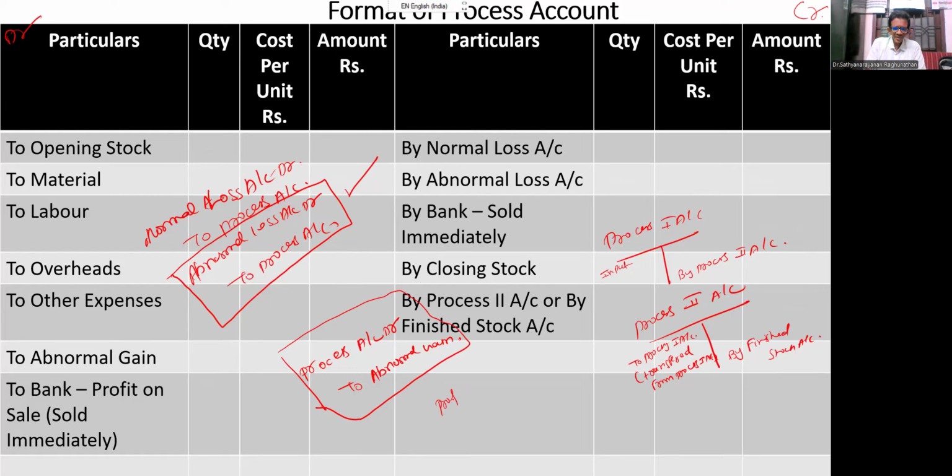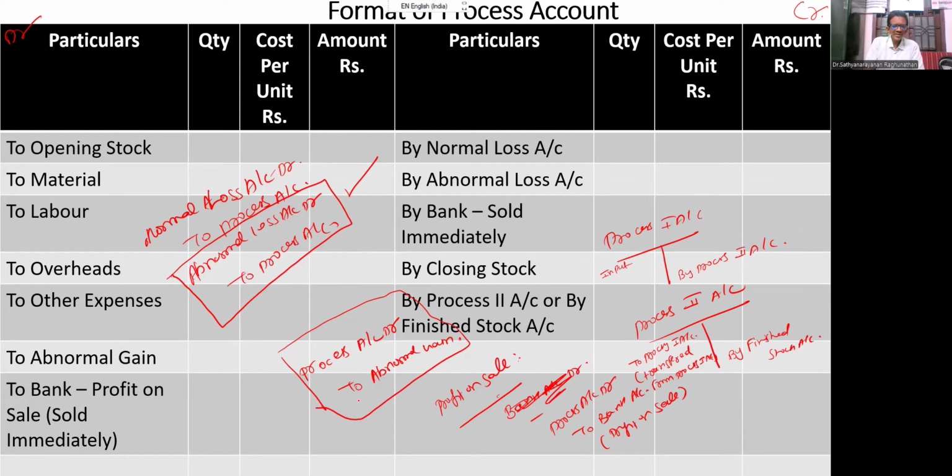If there is any profit on sale, the entry will be process account debit to bank account, profit on sale.